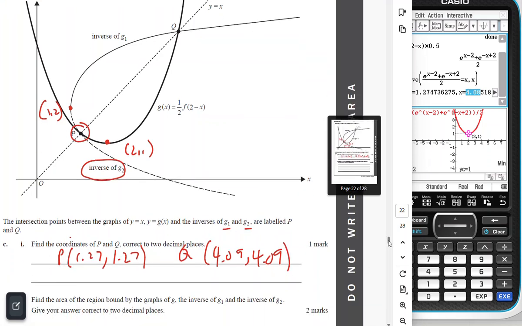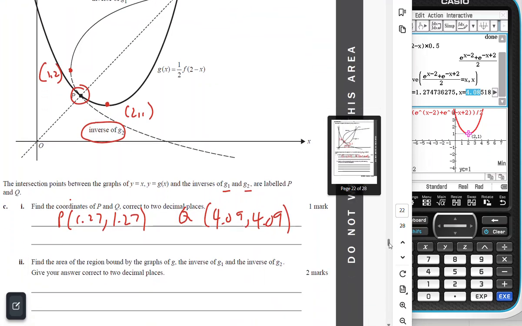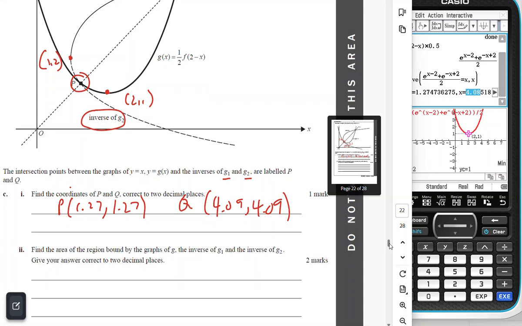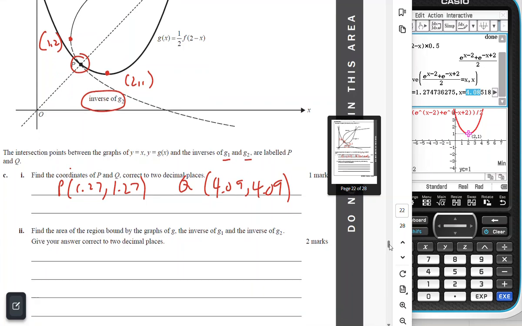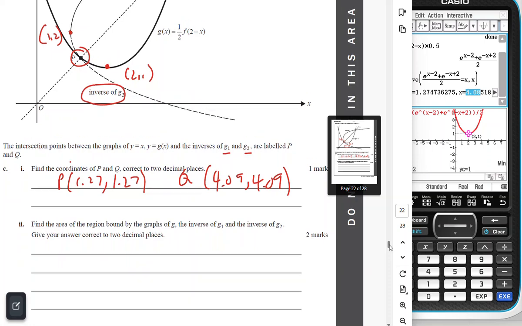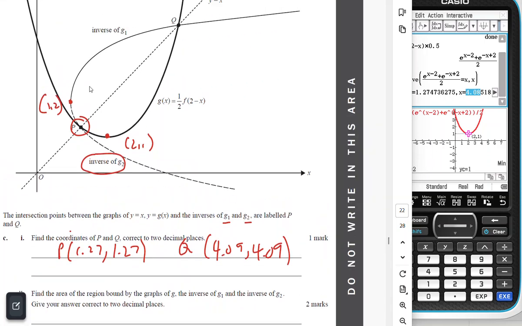Okay? And find the area of the region bound by the graphs of g1 inverse and g2 inverse, correct to 2 decimal places. Okay, so I want this area here. And I'm going to say that if this is A and this is B, then I want 2 B's.